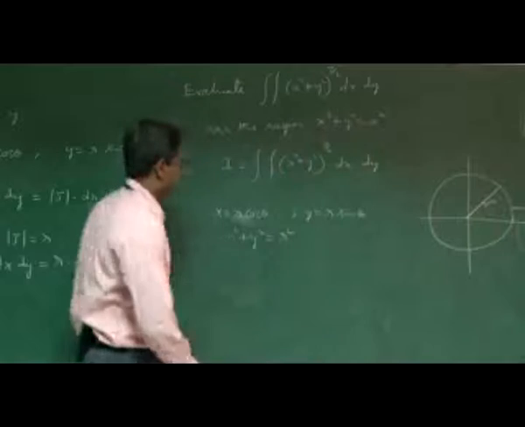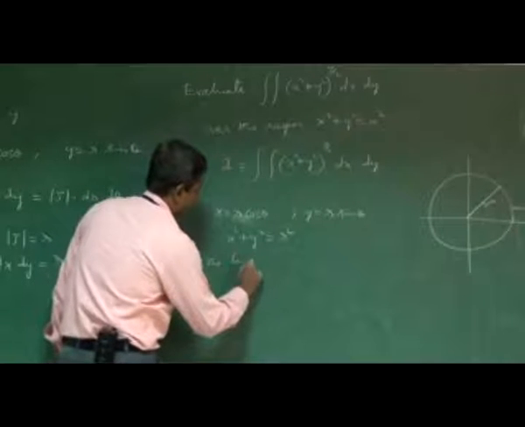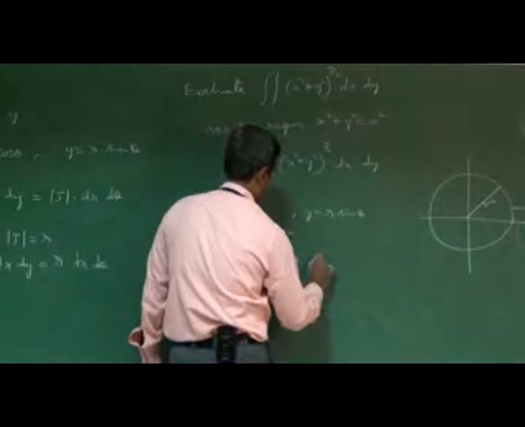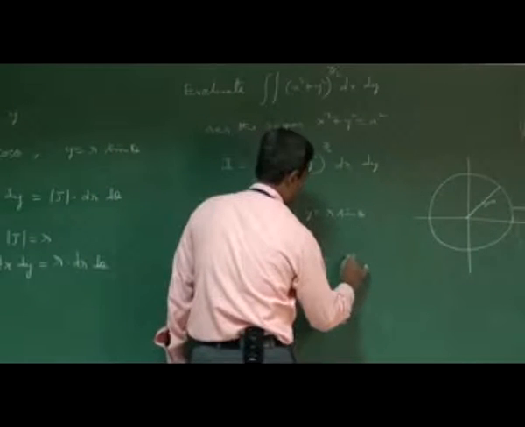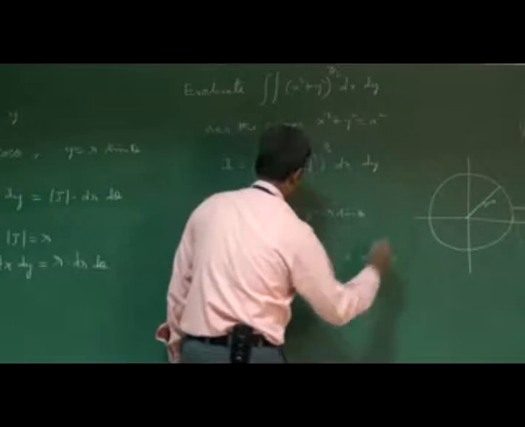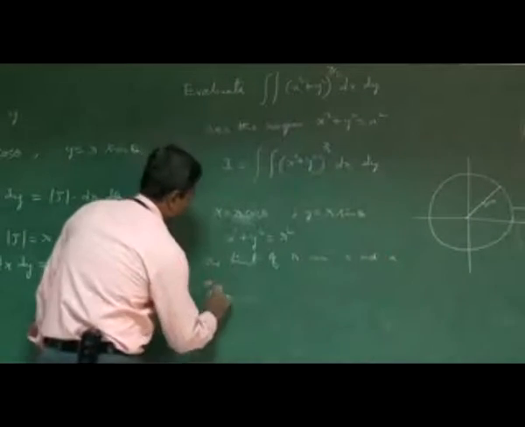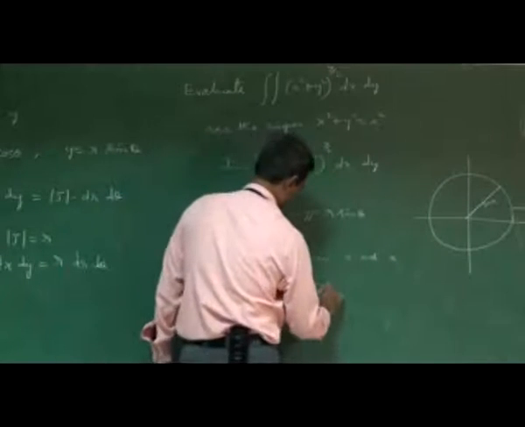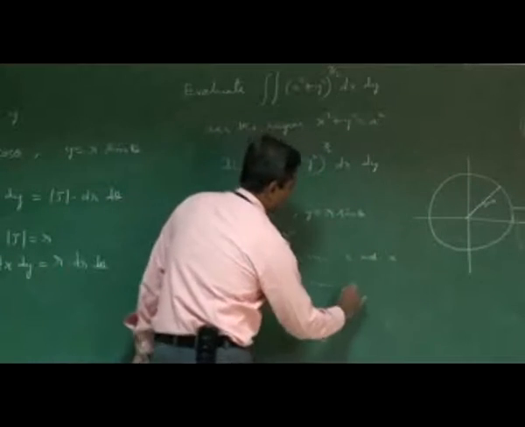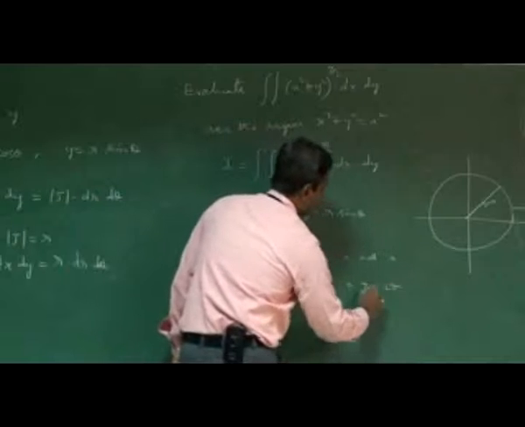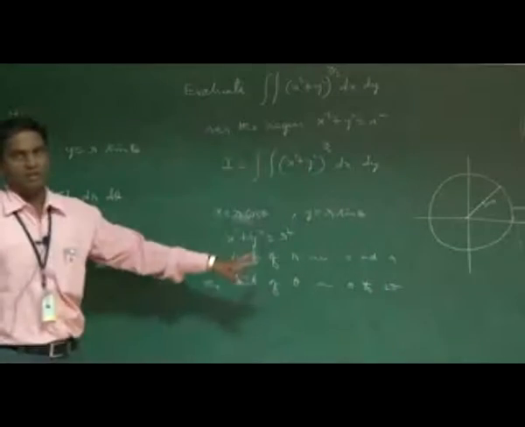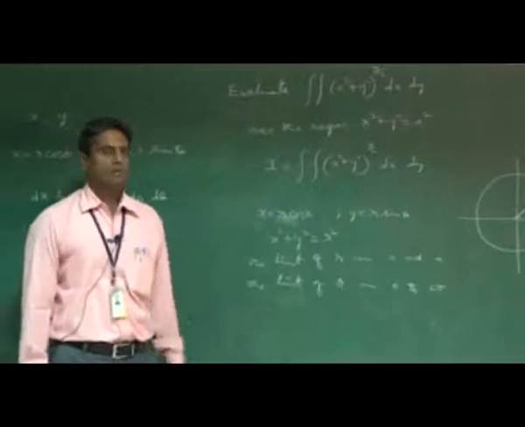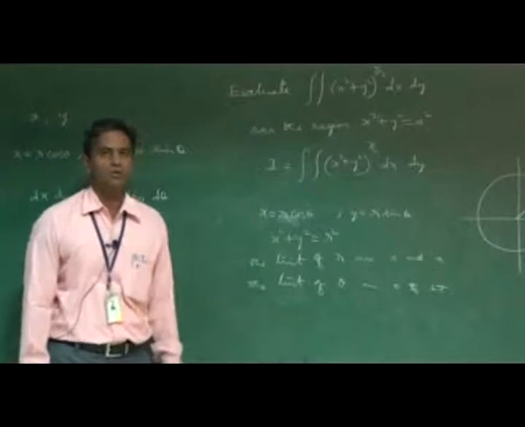So the limit of r is 0 to a, and the limit of theta is 0 to 2 pi because it is a whole circle. So the given region is a whole circle, which means theta varies from 0 to 2 pi.